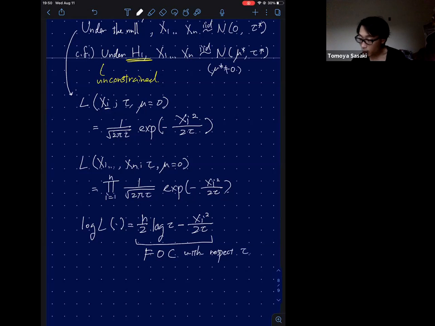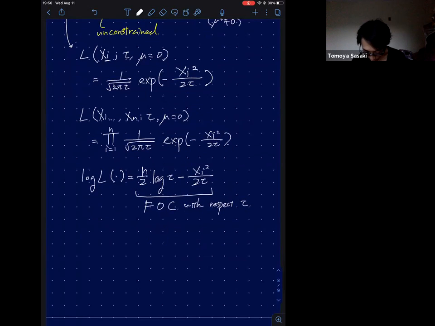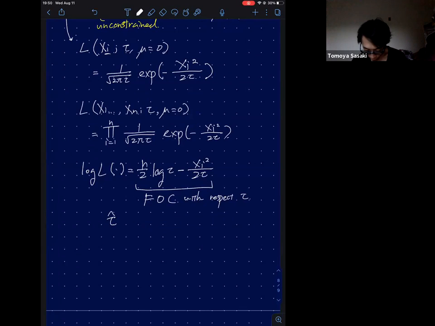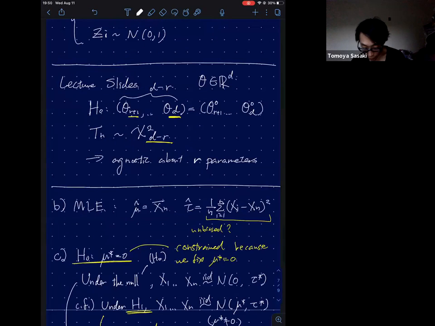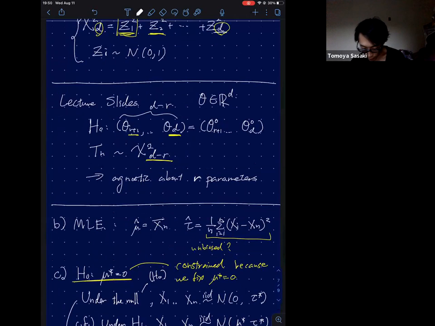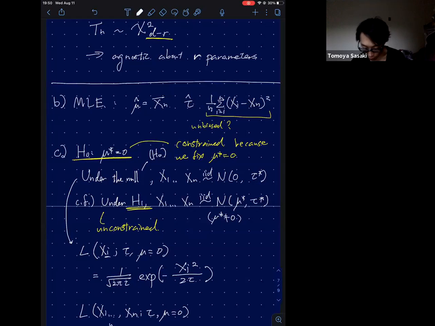And then you get tau hat for the constrained model, and it's going to be n over the sum of x1 squared through xn squared. This contrasts with tau hat u, the unconstrained model.